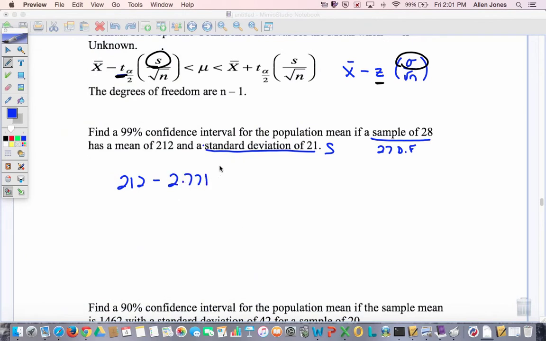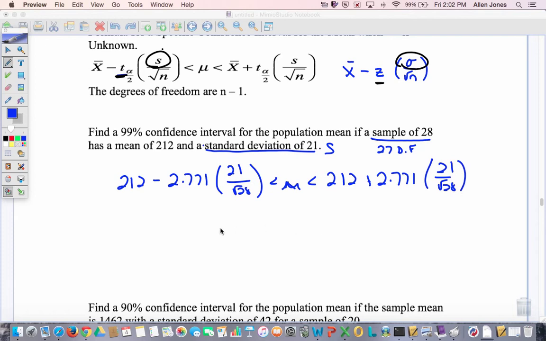Our t-score is 2.771. Our standard deviation, or s, is 21, and our sample size is 28. Other than that, our calculation is very similar. We just have to recognize the fact that we're using a different table based on the information that's presented to us. And if we make this calculation, we get 201.0 to 223.0.